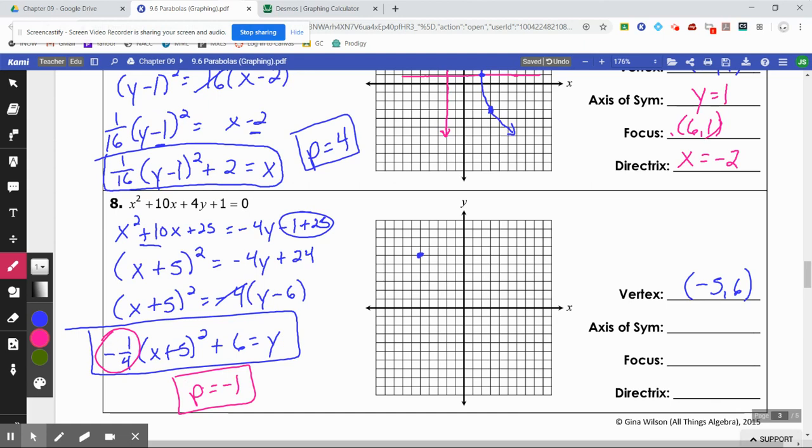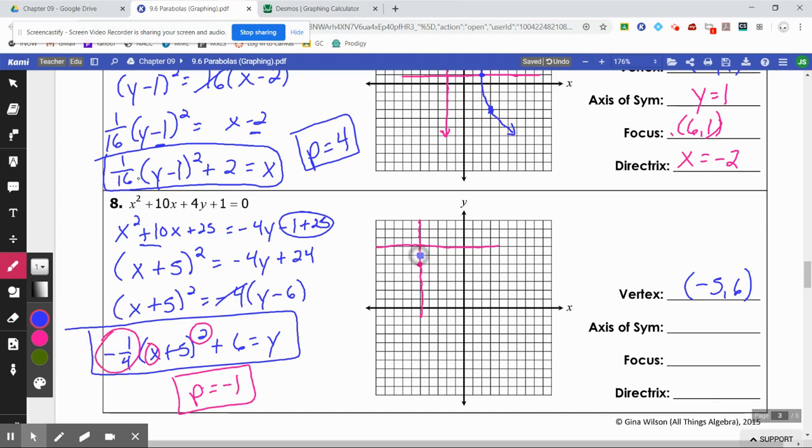So if you have a p-value of -1, that means since it's an x squared parabola, it's going to be a downward shaped parabola. So there's your focus. There's your directrix, a distance of 1 away. Here's your axis of symmetry.